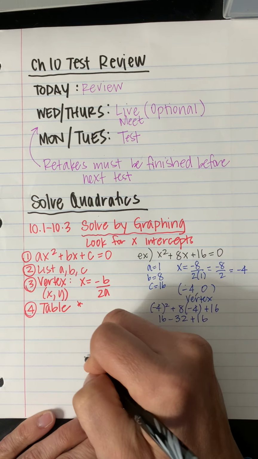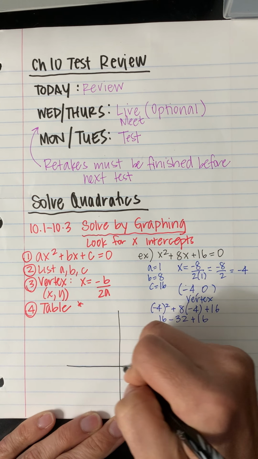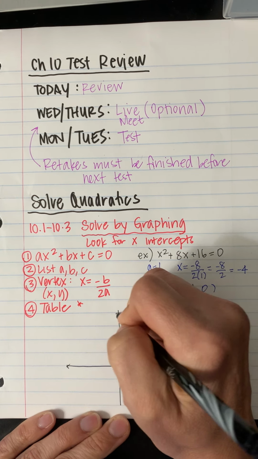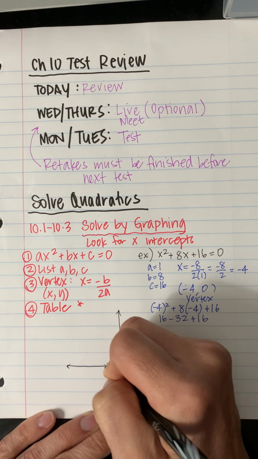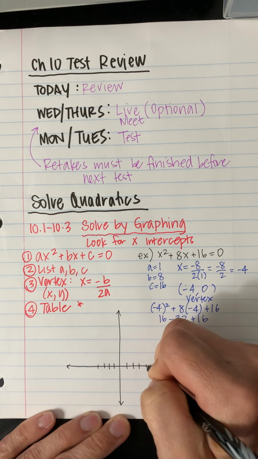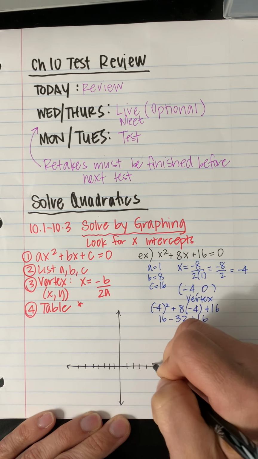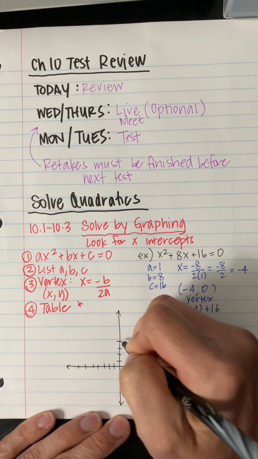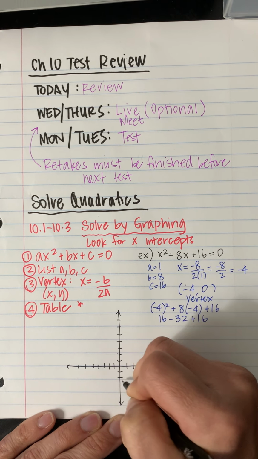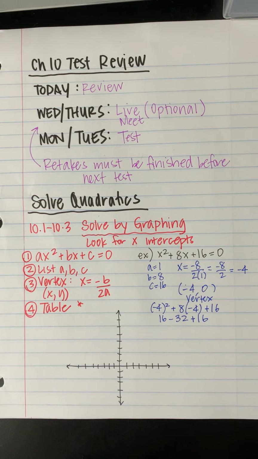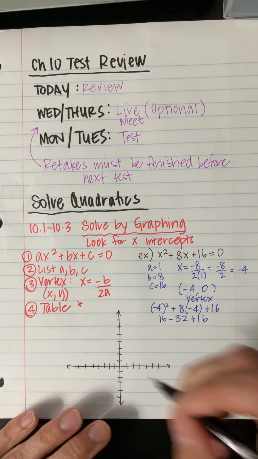So when I go to graph this, I'm going to put my vertex at negative 4, 0 on the graph.